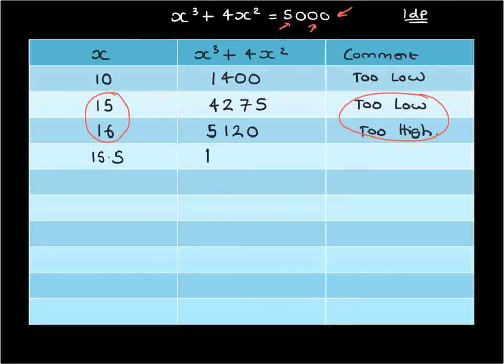Well, that gives us an output of 4,684.875, a little bit too low. So that means the answer has got to be between 16 and 15.5. So we need to try 15.6. Being methodical, working through this carefully.